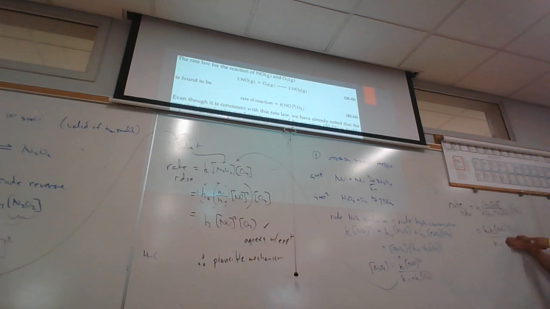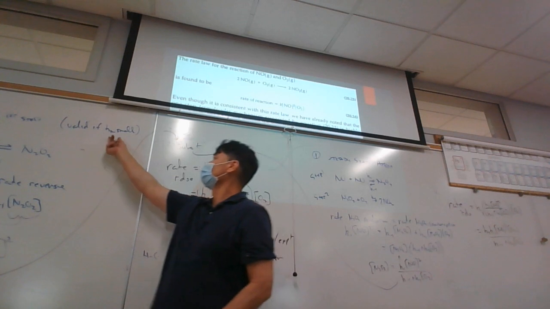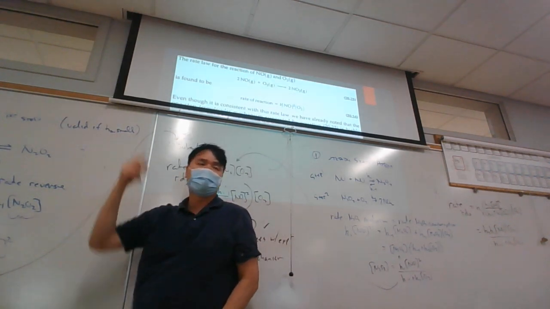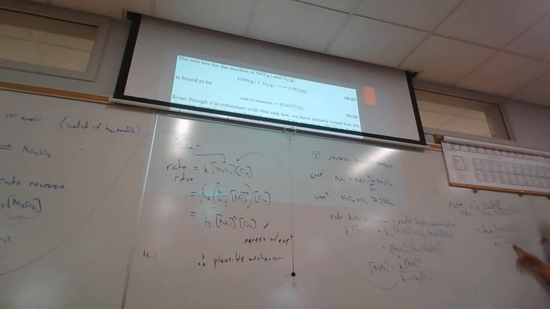And then if K2 is very small, the rate law is the same as we get from the fast reversible. Do you see that? So fast reversible is good if the second step is small. However, if the second step is significant, then this term doesn't drop out.